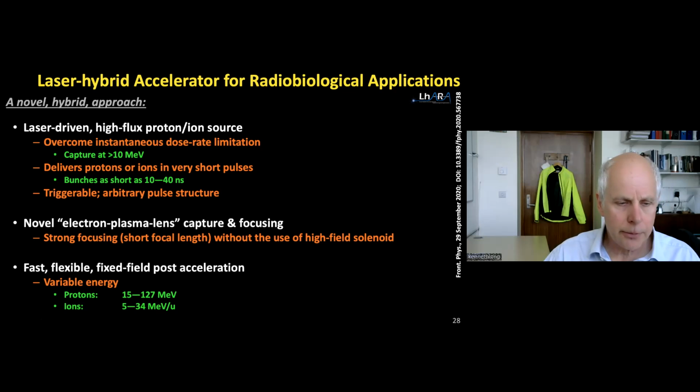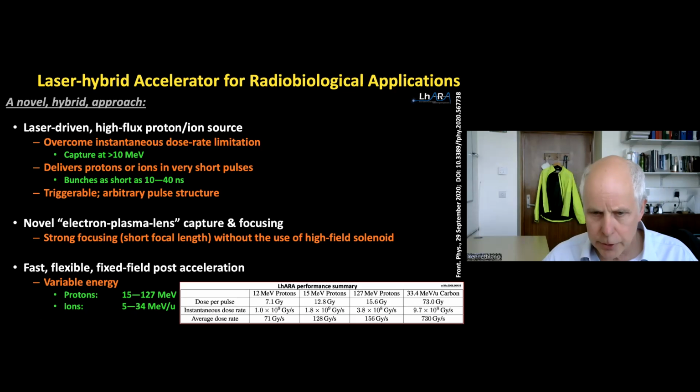So we really want to have variable extraction energy from the FFA. The specification we've adopted for LhARA is that we will be delivering protons in the energy range 15 to 127 MeV and ions with energies in the range 5 to 34 MeV per nucleon.